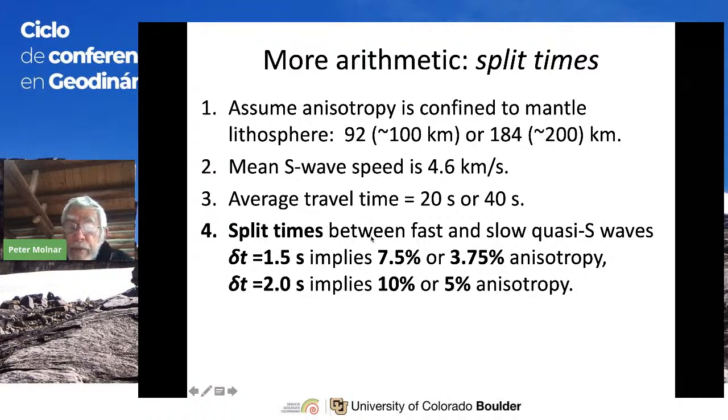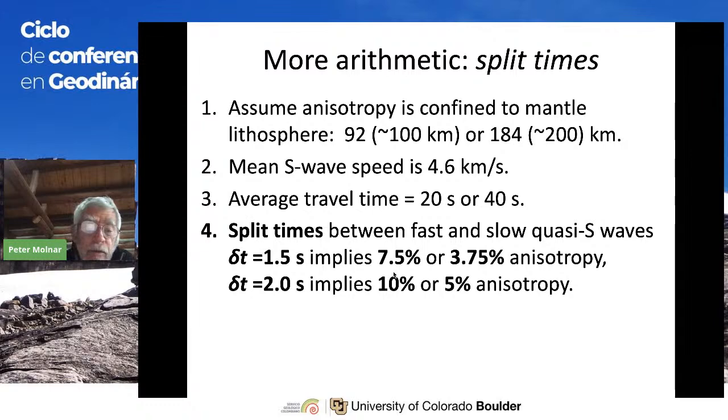But the split times between the fast and the slow quasi-S waves range from 1.5 seconds to 2 seconds, even a little larger than 2. So 1.5 seconds is 7.5% of 20 seconds, or 3.75% of 40 seconds. In this case, 2 seconds is clearly 10% of that. These are very large amounts of anisotropy. This is not a small value.